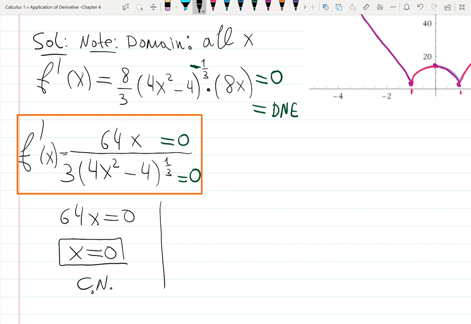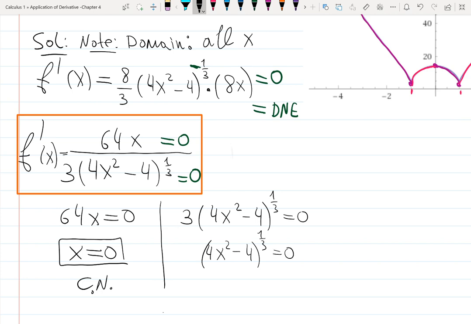How about the cusp? You see this function actually has two cusps over here. So it means we should not ignore the situation when the derivative does not exist. That comes from the denominator. 3 times (4x squared minus 4) raised to the 1/3 is 0. Divide by 3 and you get (4x squared minus 4) to the 1/3 equals 0.